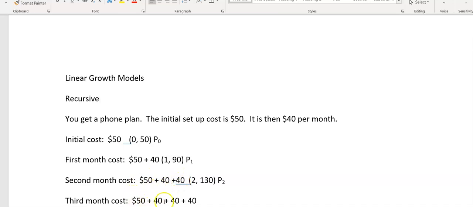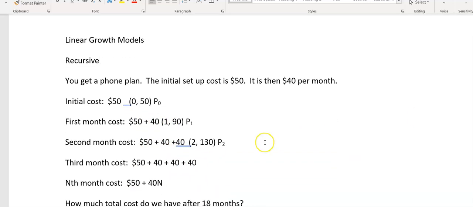And we used the second month cost to get the third month of cost. So it's recursive. We keep going back to a previous version to add this up. When in truth, of course, we can come up with a nice algebraic equation. We don't have to do this recursive version that we did back here. We can just come up with a quicker way of finding an answer to a problem.